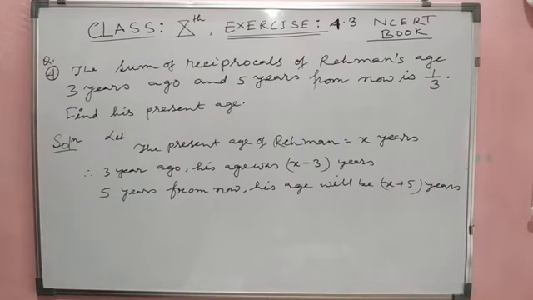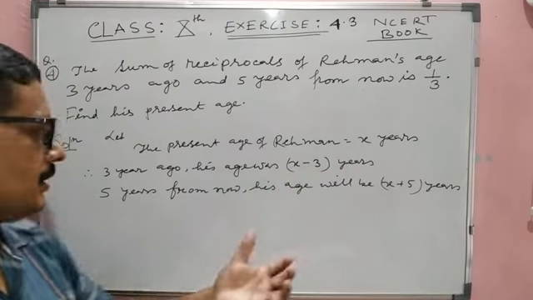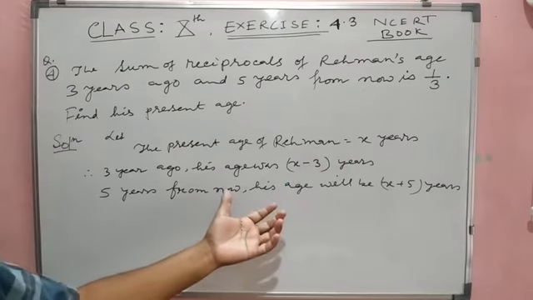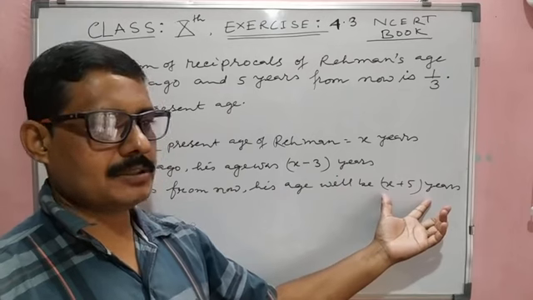So 3 years ago his age was x minus 3 years, and 5 years from now his age will be x plus 5 years.